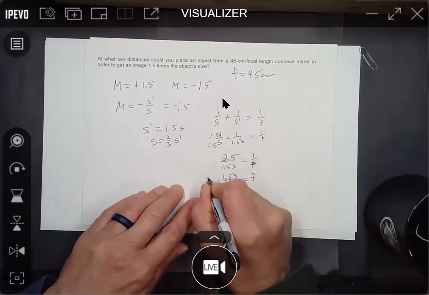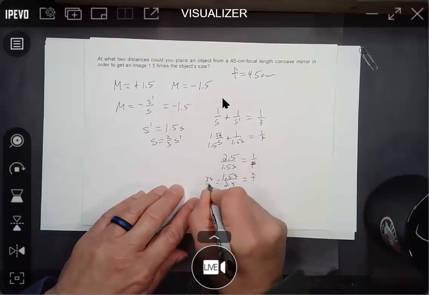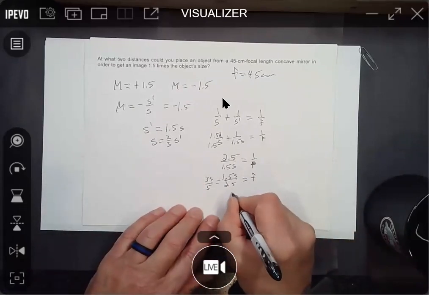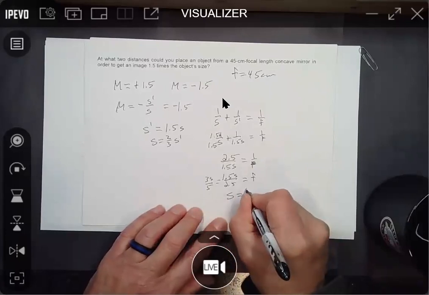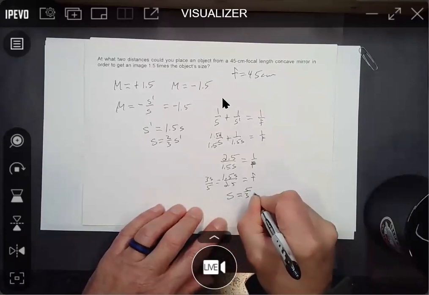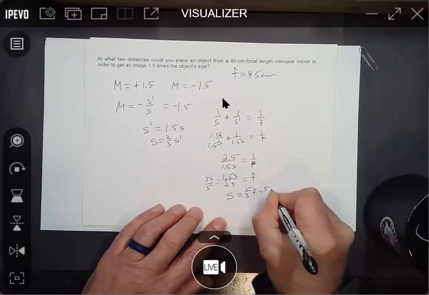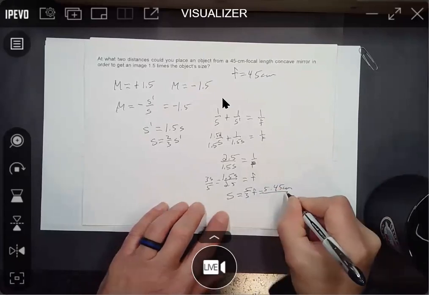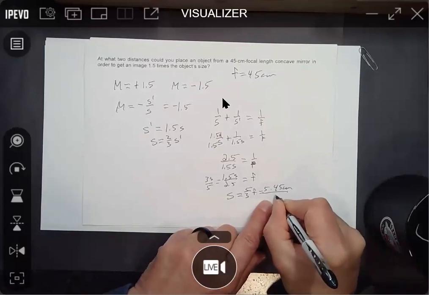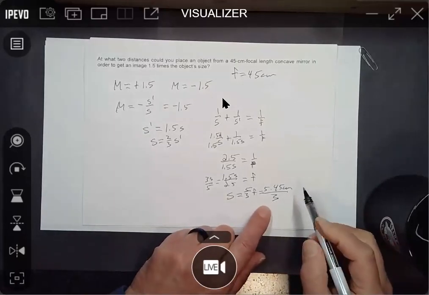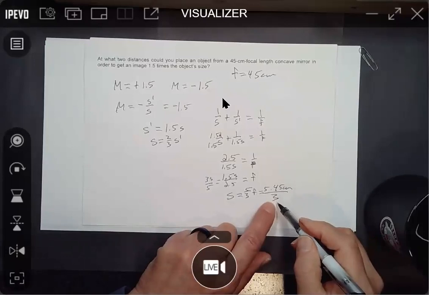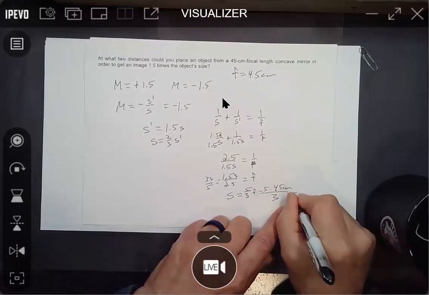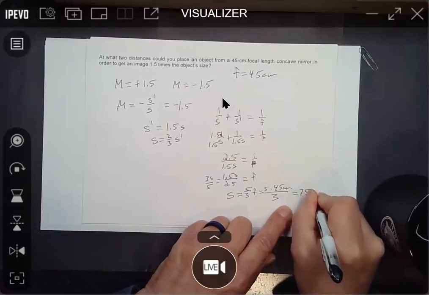So if I multiply both by 5/3, I'll get s in this case is 5/3 f, which is 5 times 45 centimeters over 3. 45 divided by 3 is 15. 5 times 15 is 75 centimeters.